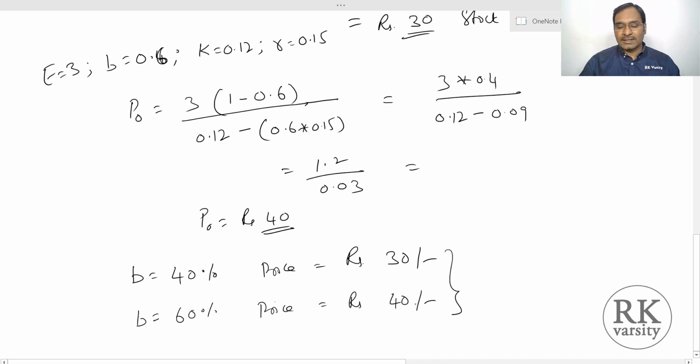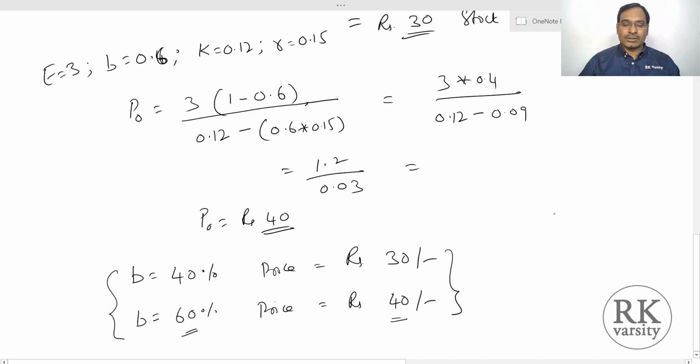So this clearly indicates that dividend policy has an impact on the market price of the share. So Gordon also supports that dividend policy will influence market price. As we saw here, if your retention ratio is high, then your market price of the stock is also high.